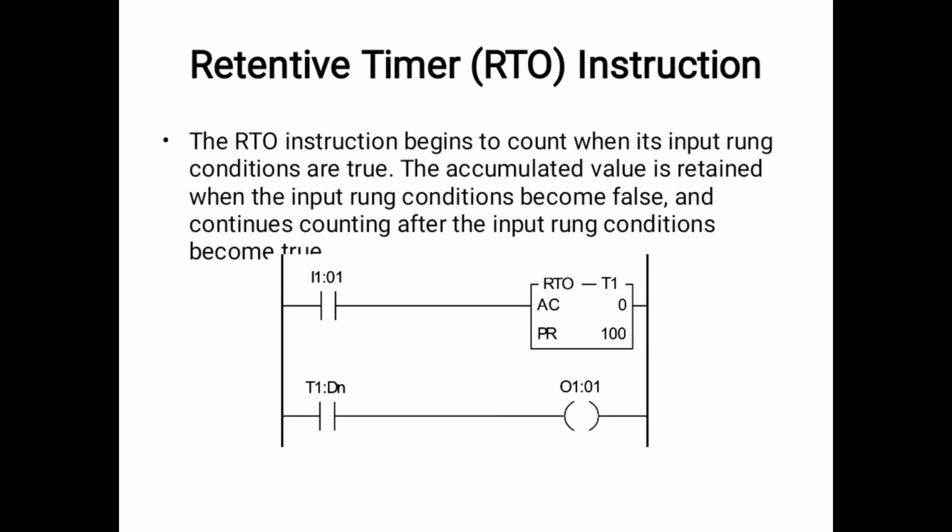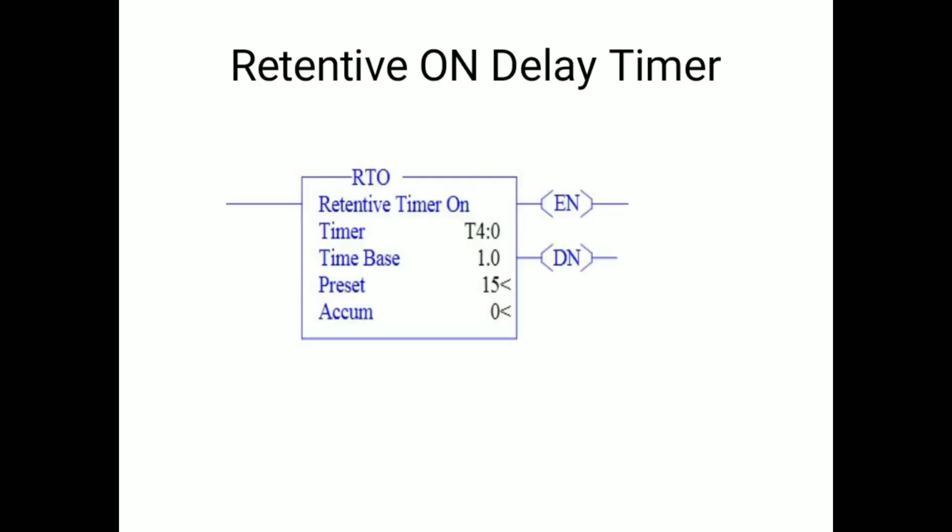In the retentive timer instruction, the accumulated value will be retained. This is the difference in the RTO instruction. How do we represent the retentive on delay timer? Here we write RTO, retentive timer on. It shows the timer number, we are using the T4 timer.